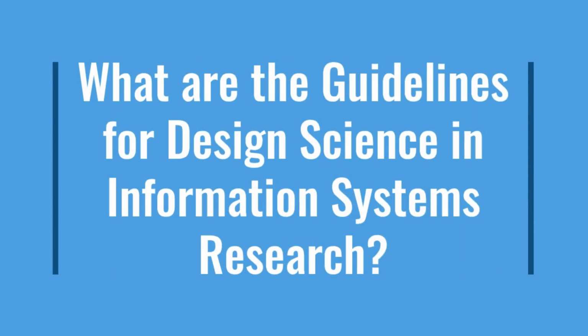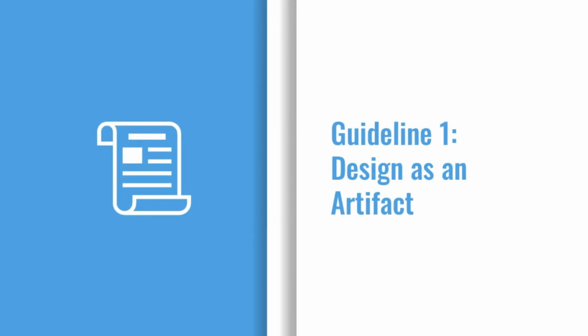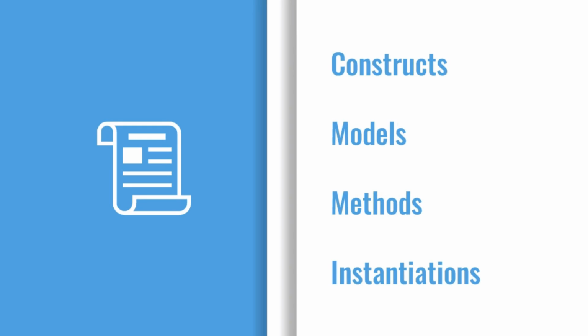So what are the guidelines for design science in IS research? Guideline 1. Design as an artifact. Design science research must produce a viable artifact in the form of a construct, a model, a method, or an instantiation. Constructs provide the language in which problems and solutions are defined and communicated.